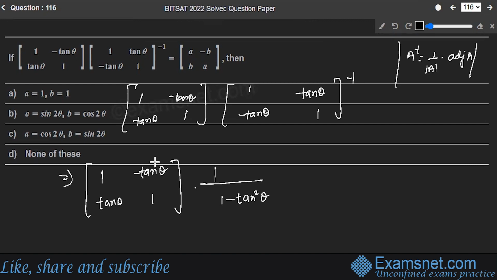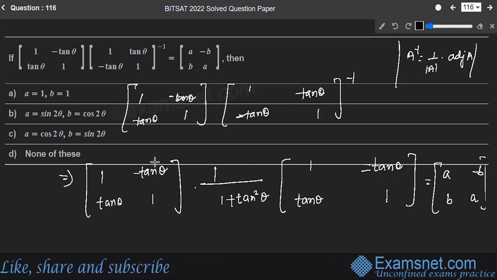Okay, this determinant is given by, here was minus, right? So this will be plus. And this will change into 1, tangent theta, minus tangent theta and 1. That is equal to a minus b, b and a.